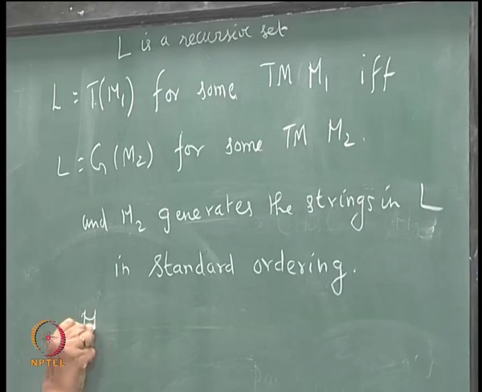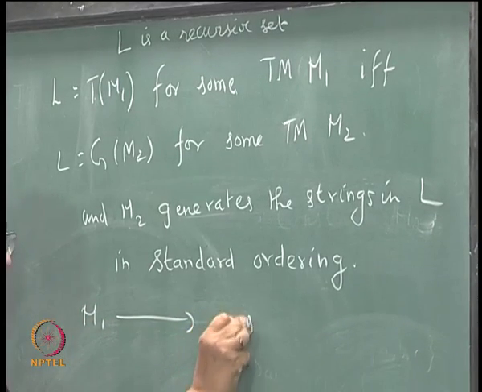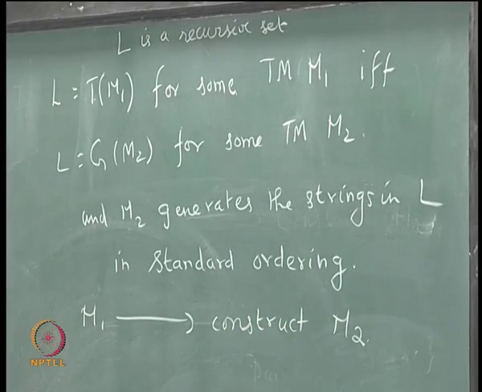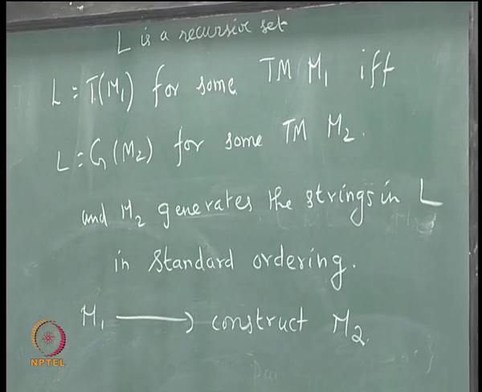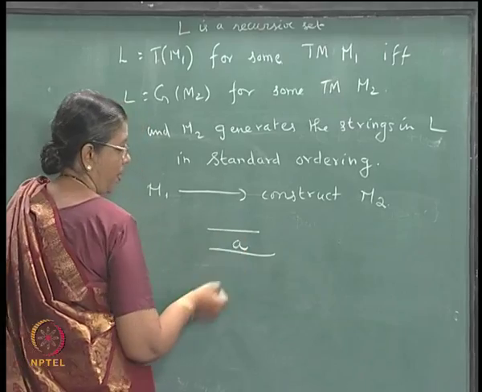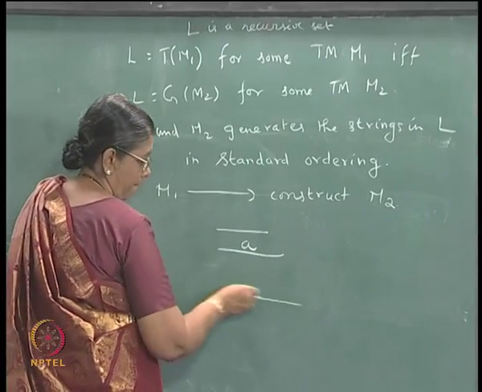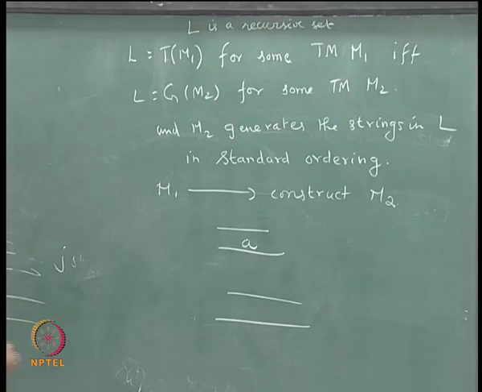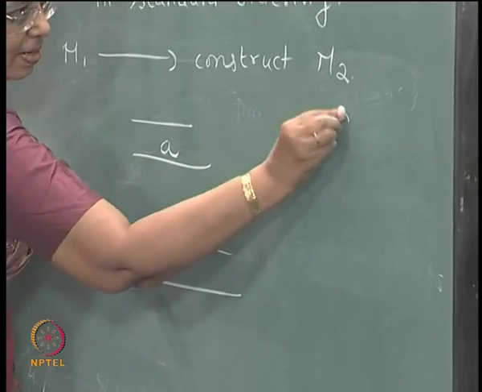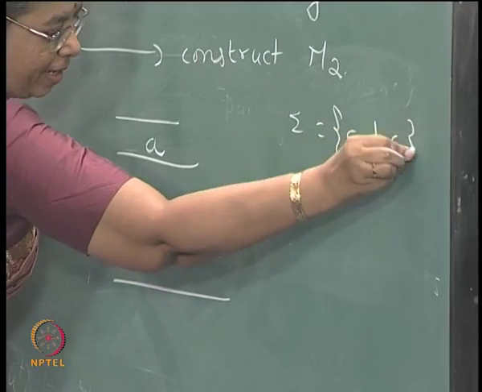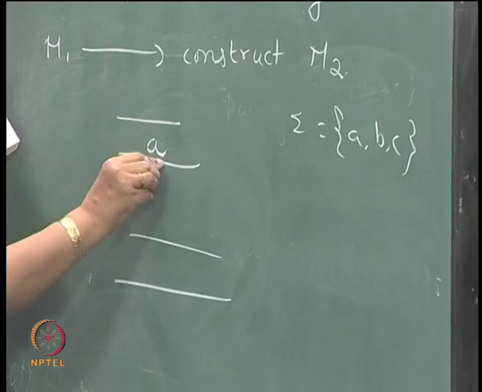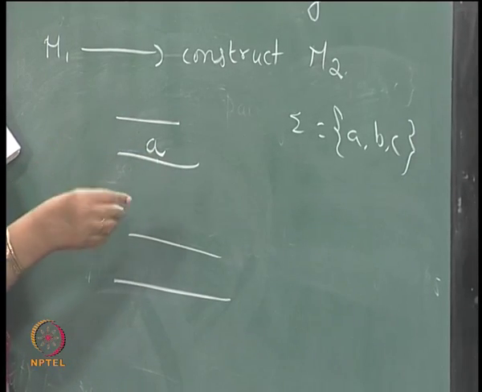Now, given M1, construct M2, and vice versa, given M2, construct M1. Now, given M1, how will you construct M2? Suppose the alphabet is A, B, C. One by one it will take the strings: first A, then B, then C, and then AA, AB, AC and so on.